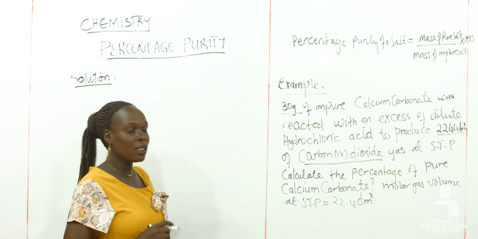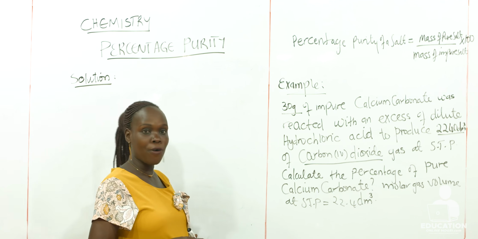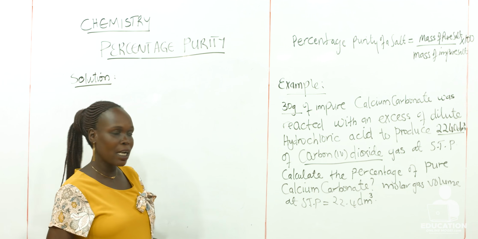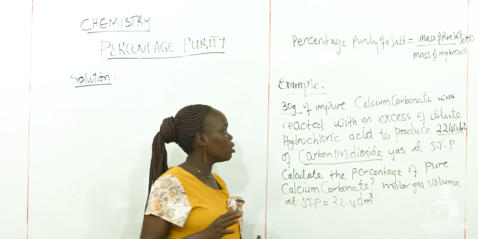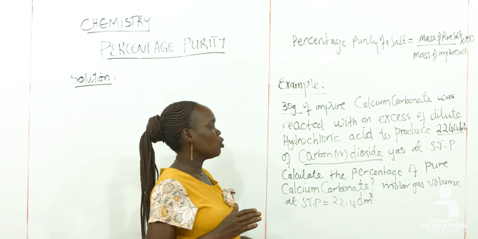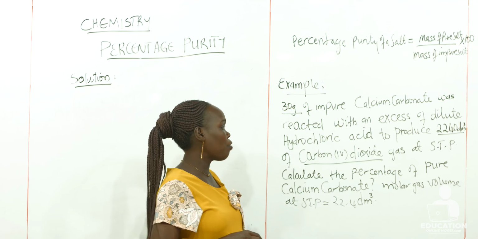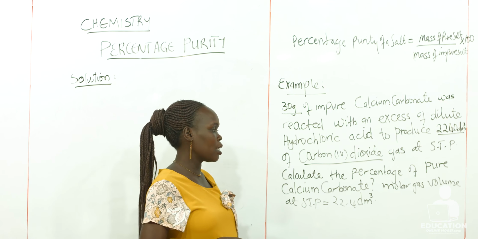We need to remember that 30 grams of calcium carbonate, which is in pure form, was reacted with an excess of dilute hydrochloric acid. So the amount of hydrochloric acid is not known here. That produces 2240 decimeter cube of carbon dioxide gas at STP.